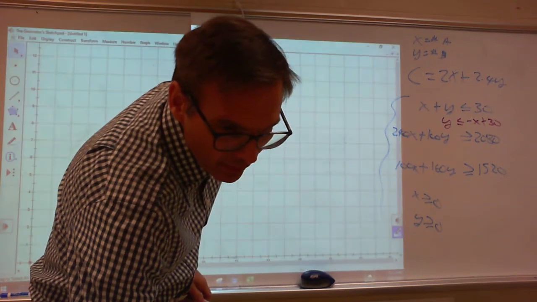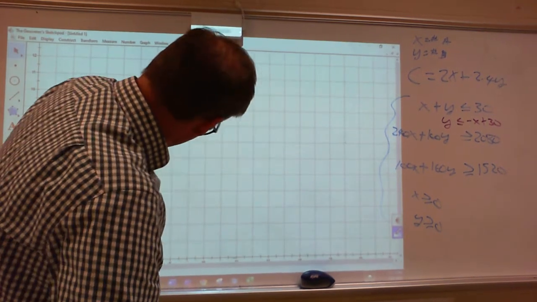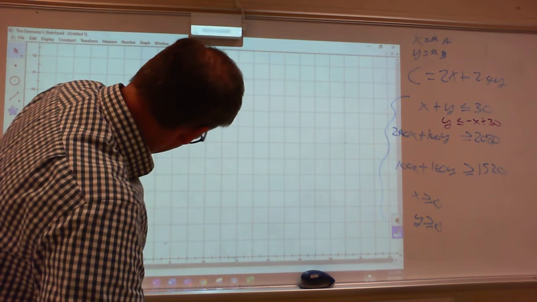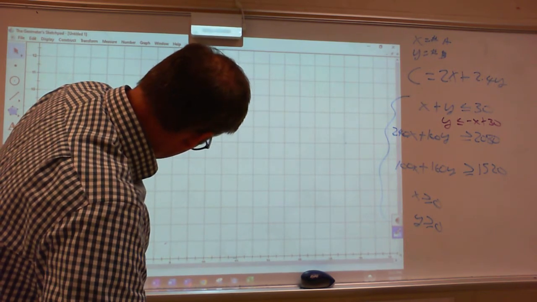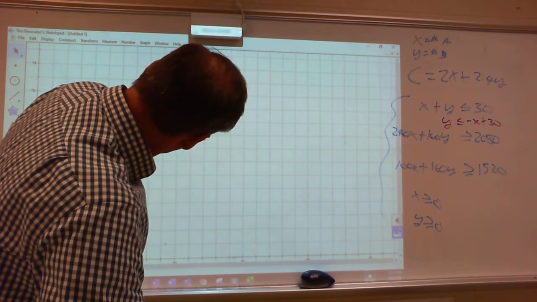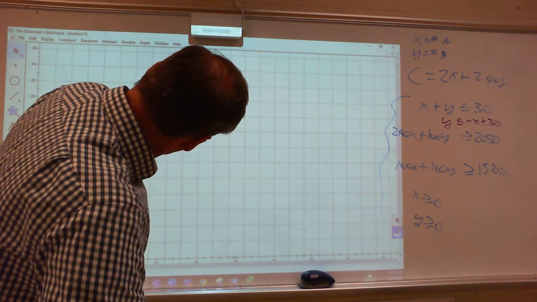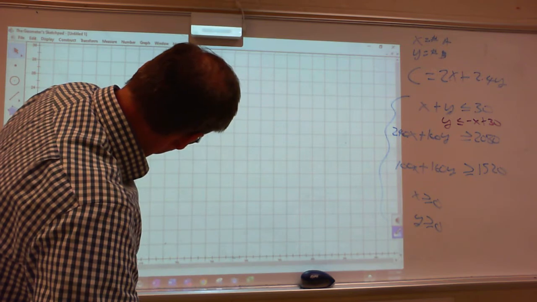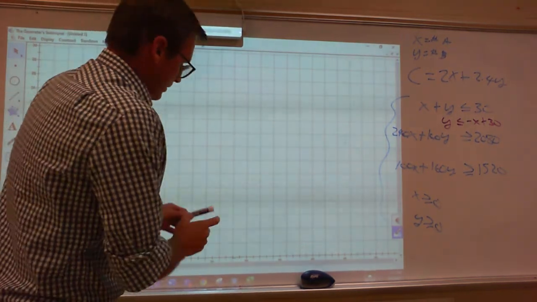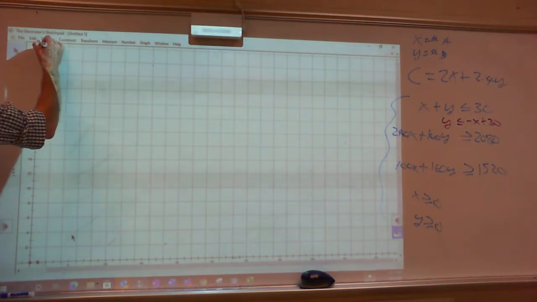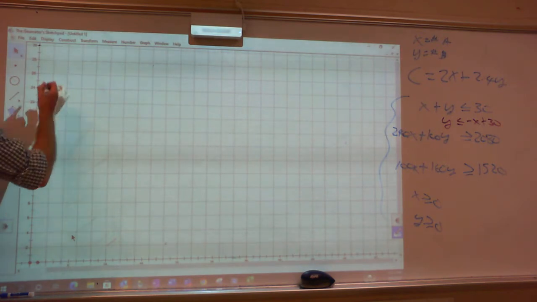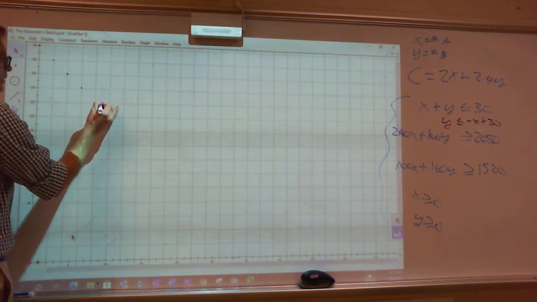Let me pull this back up, and I need to be able to count to 30. There we go. So this graph has a y-intercept of 30 and then a slope of negative 1.